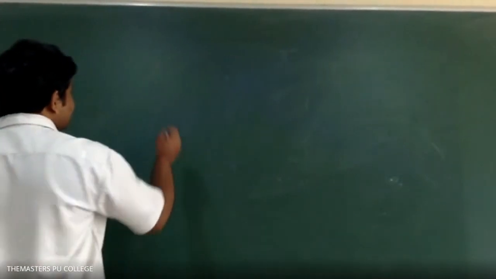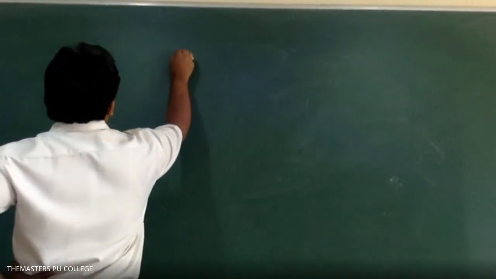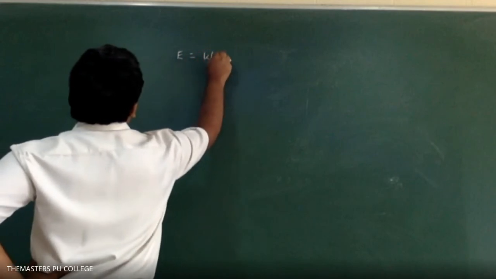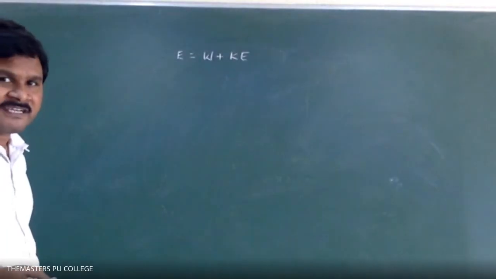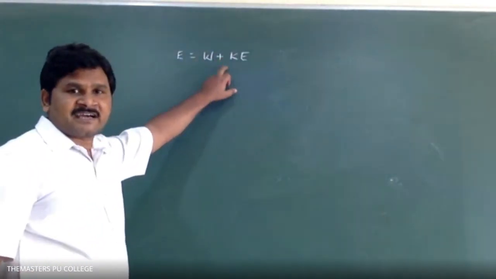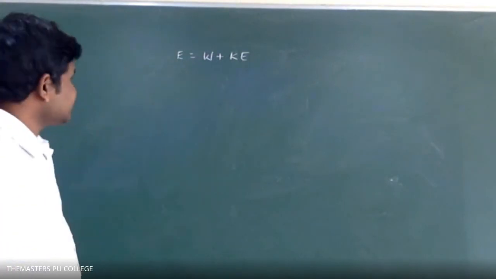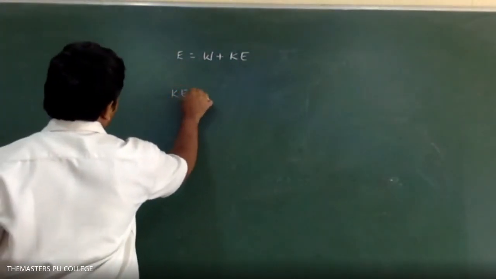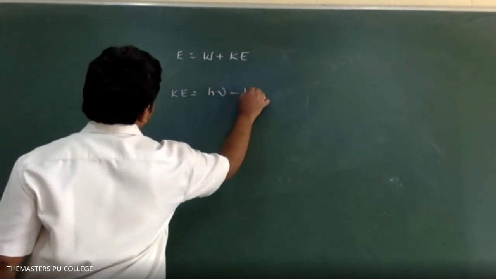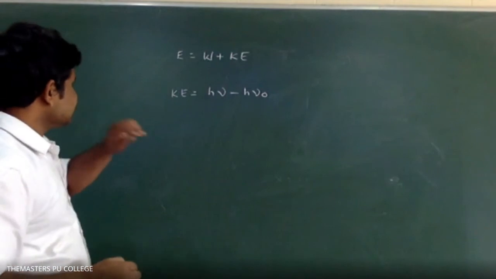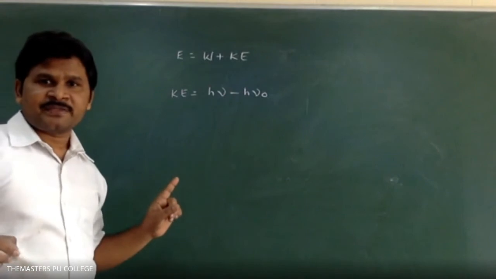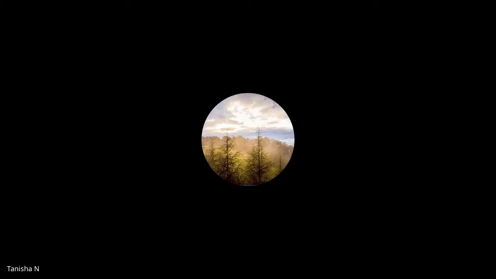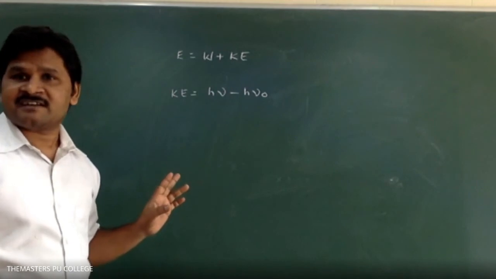Next, please remember these formulas for the photoelectric effect. E is equal to W plus KE. What is W? Work function. KE is kinetic energy, E means normal energy. Next, KE is equal to h nu minus h nu naught, that is E minus W. Here h nu naught means threshold frequency or critical frequency.